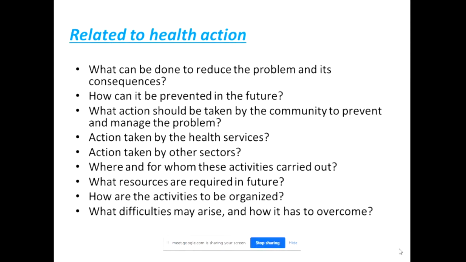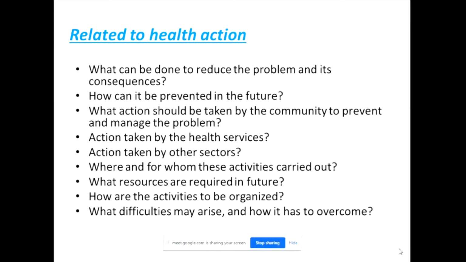Action taken by the health services, action taken by other sectors, where and for whom these activities are carried out, what resources are required in the future, how are the activities to be organized, what difficulties may arise, and how they have to be overcome. So in the future, inshallah, if you have a project, you have to keep in mind all those points.